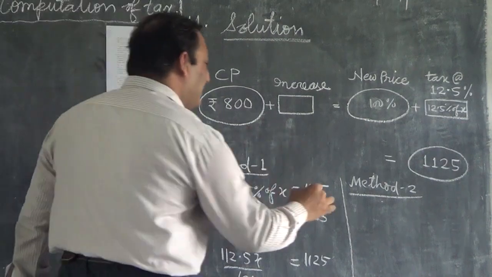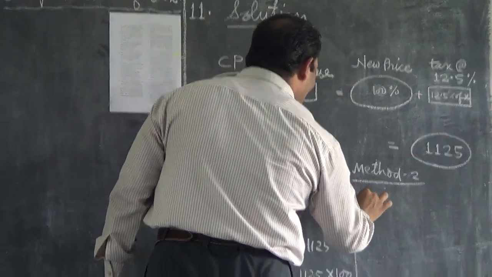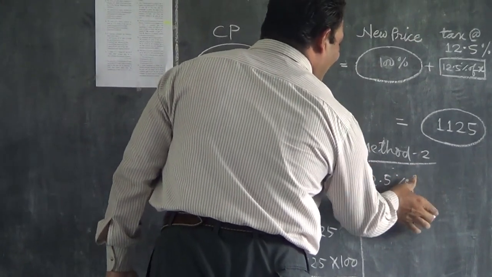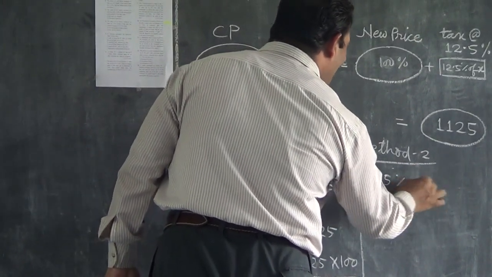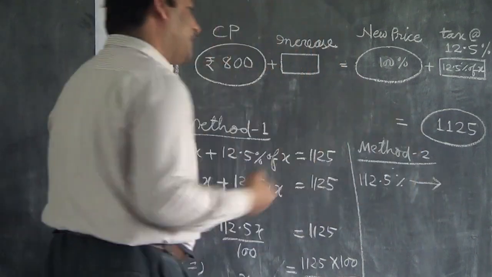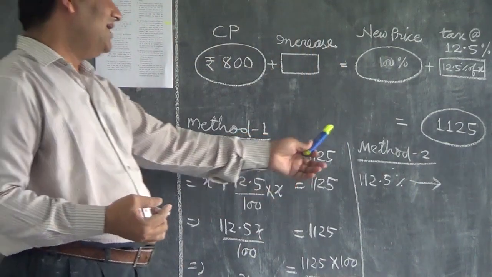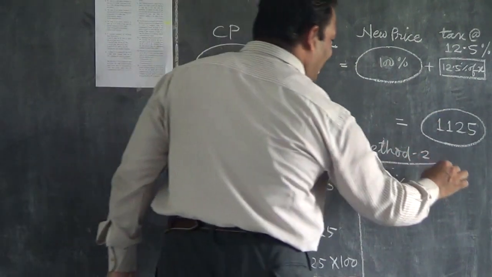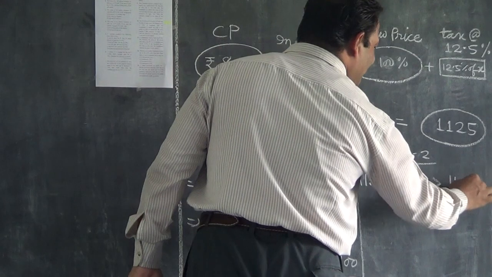So directly I can write 112.5% of the new price gives 1125.